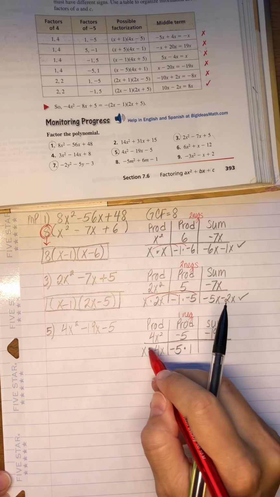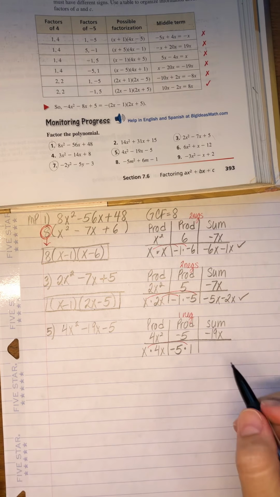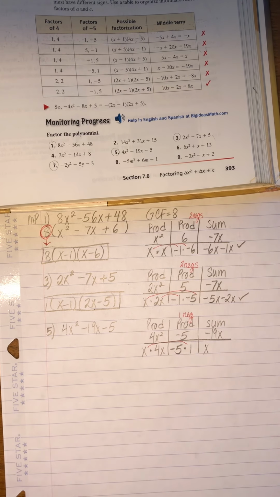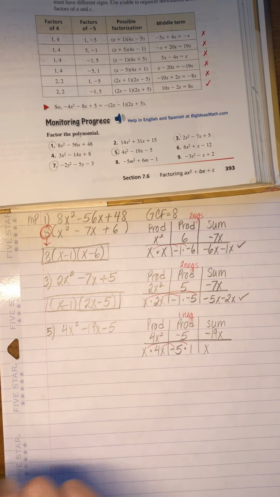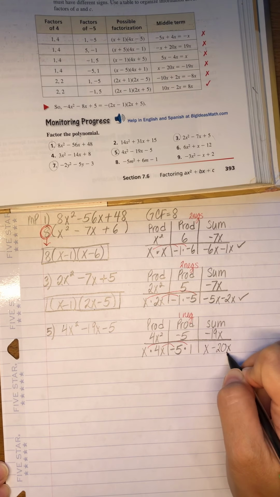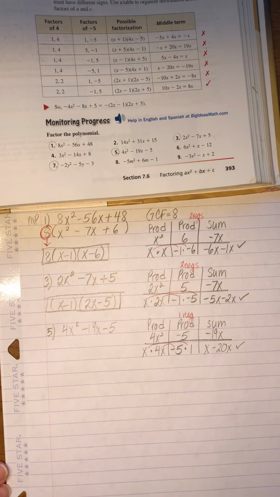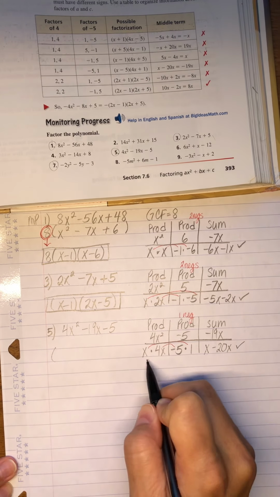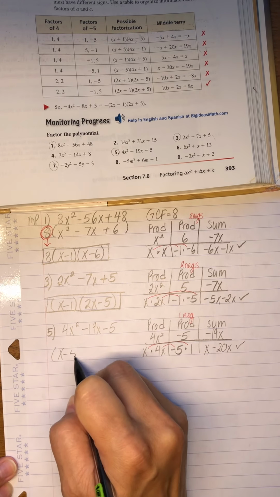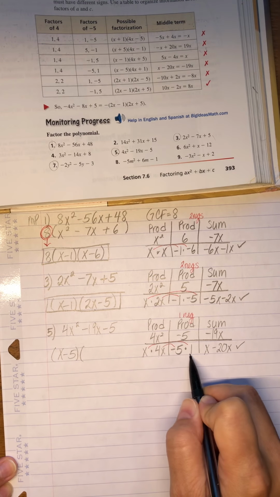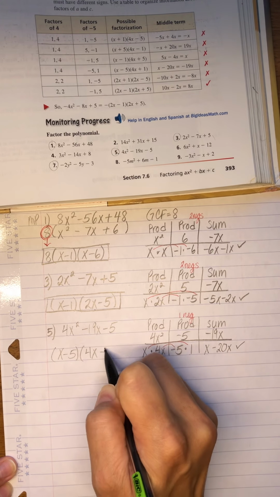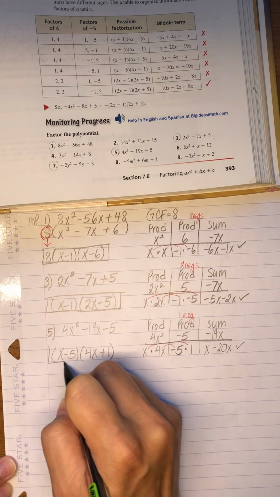My outers, that would be 1x or x. My inners, that would be -20x. x minus 20x is -19x, so that does work. Okay, let's write our answer. x minus 5 times 4x plus 1. And that's our answer.